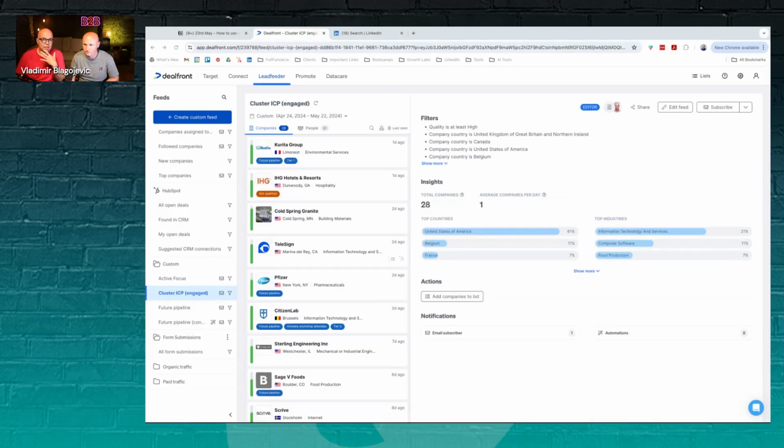These are the companies that have visited our website or have engaged with us via, let's say, an event like this webinar, or are engaging with us on LinkedIn, et cetera. These would be different examples of sources of first-party data. And I think we also have other keywords that we can see here in Dealfront.